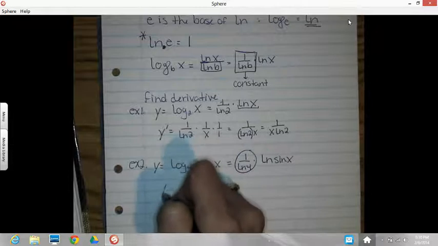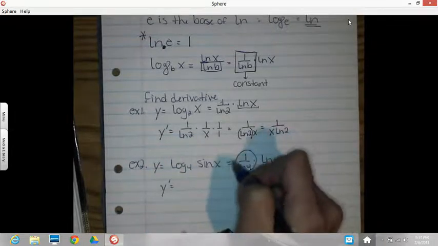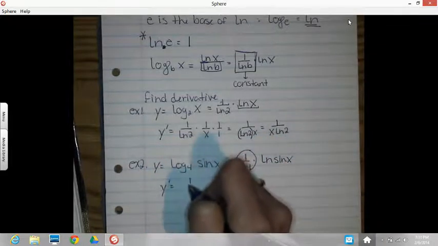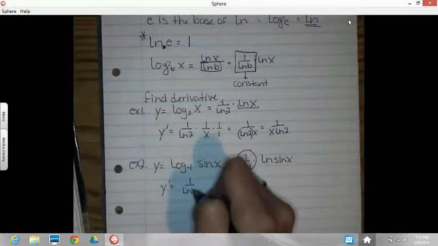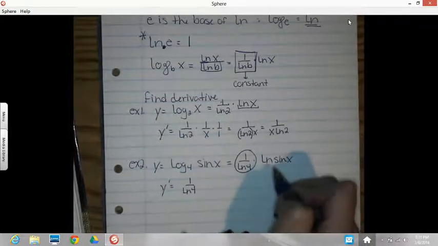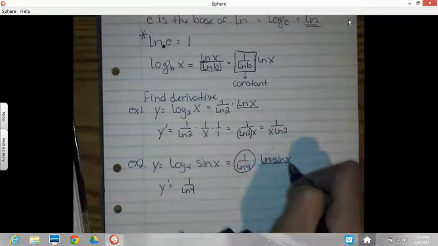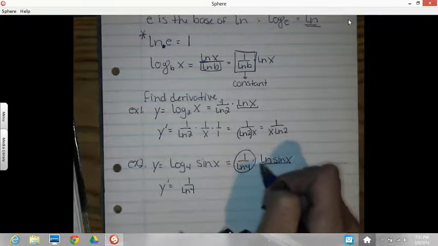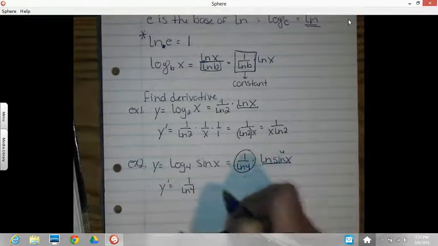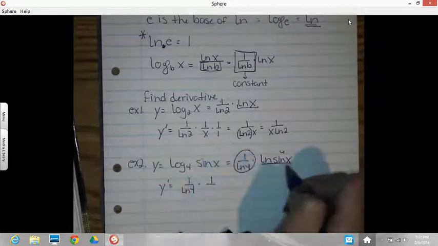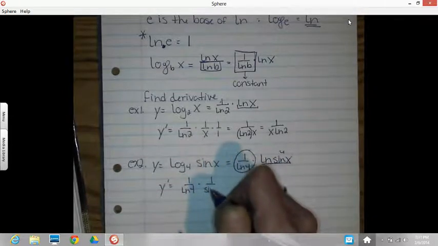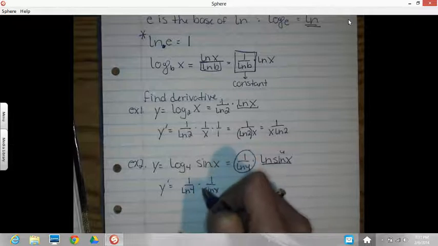So y prime, here's my multiplier, 1 over natural log of 4 times, and now derivative here, derivative of natural log of sine x. Derivative of natural log of u is 1 over the u times the derivative of the u.